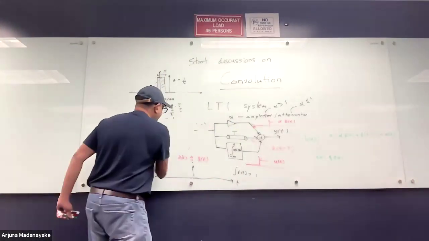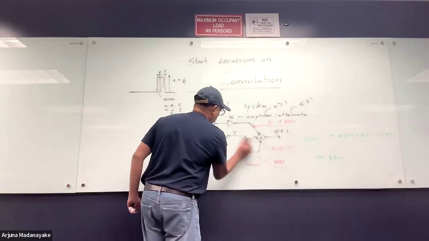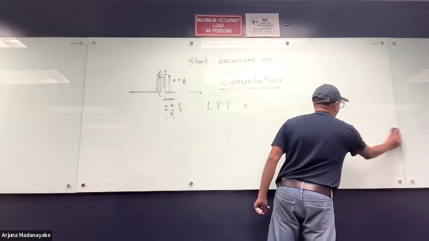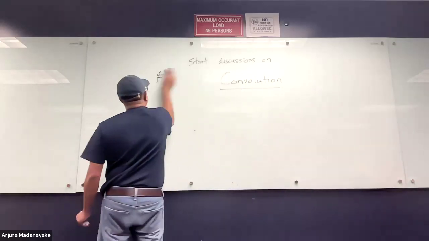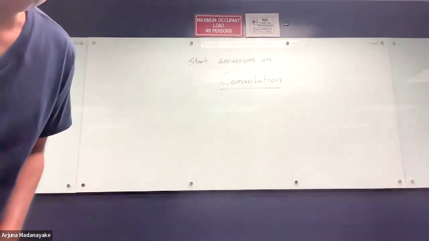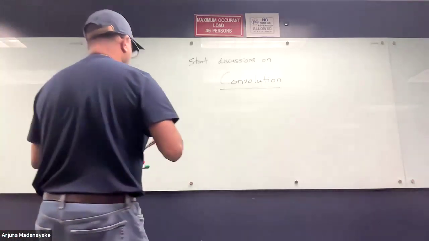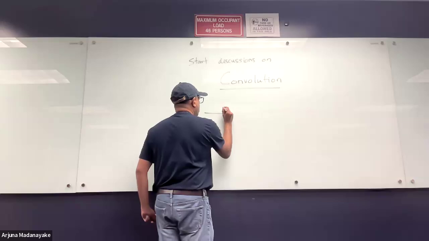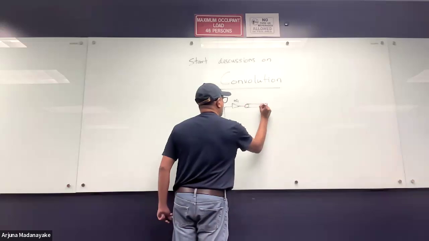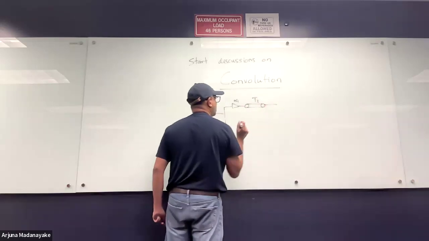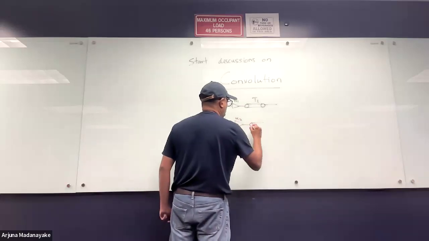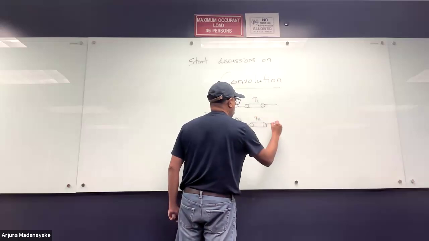Let's do another example. So my LTI system has alpha 1, let's say this is delay T1. This is alpha 2, delay T2.